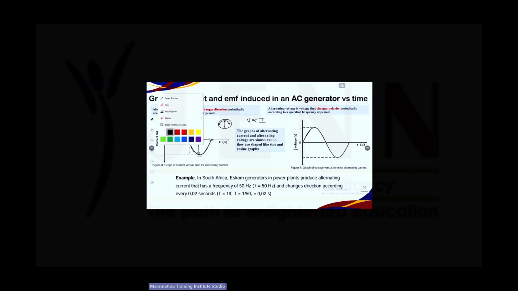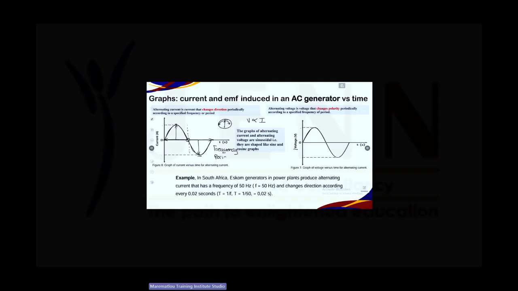Now, if we look at our waves, remember you still have all of your wave properties. You had frequency, and you also had period.